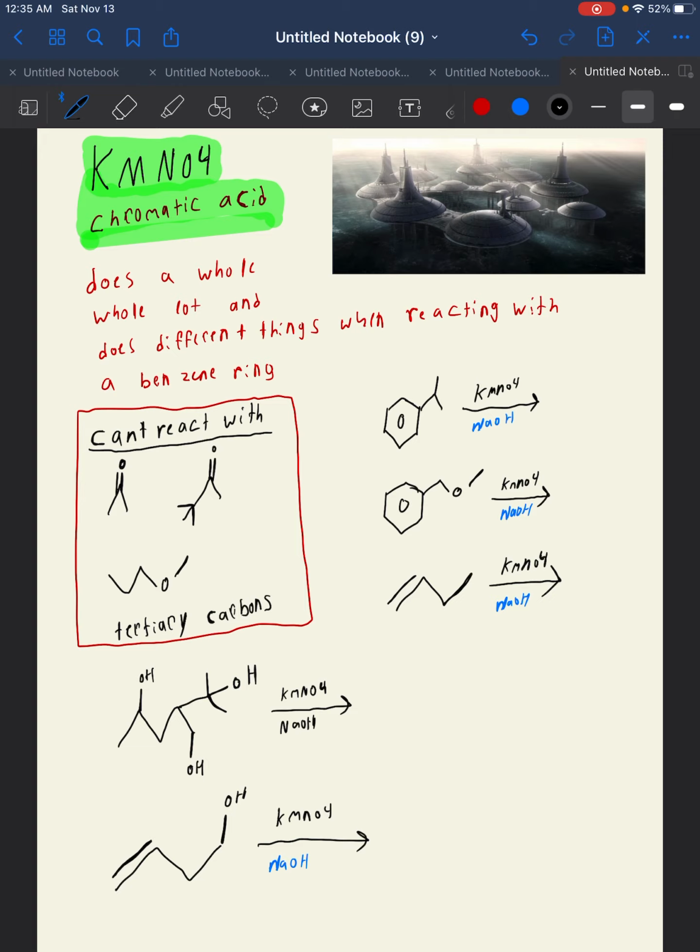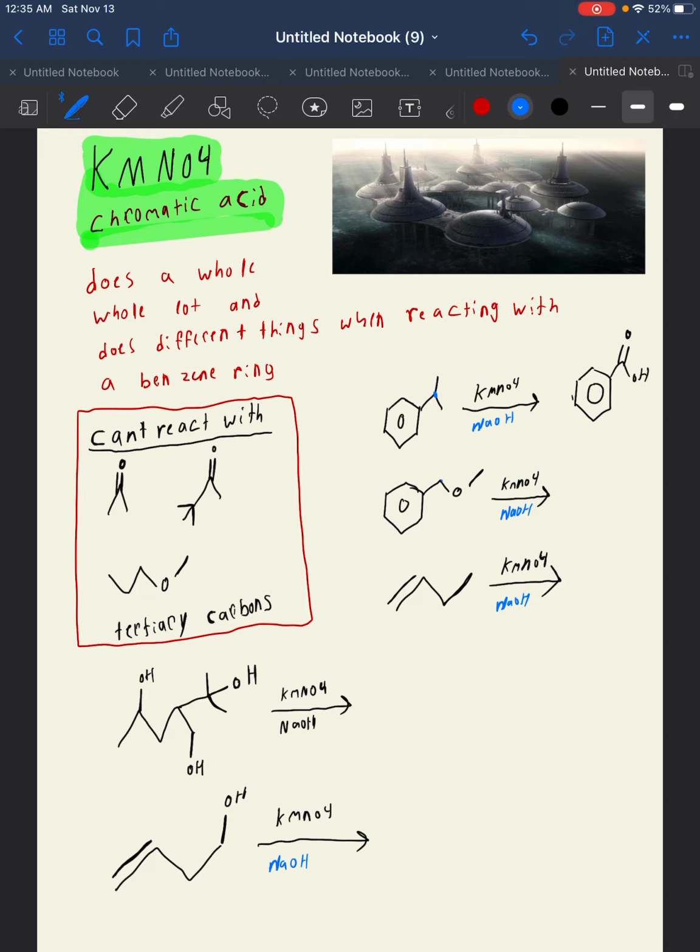But the basics are, on a benzene ring, it basically just makes carboxylic acids at the benzylic position, unless it is a tertiary carbon. Once again, benzylic position is right here.